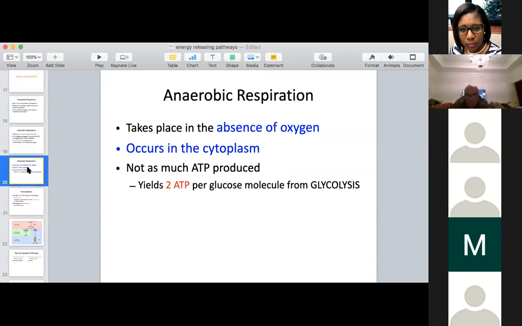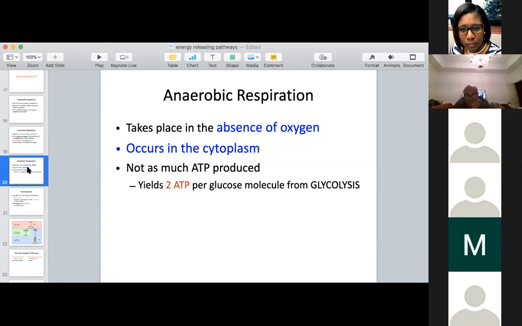Now, this process does not produce as much ATP, so it's not considered to be an efficient process for energy production. But when you consider the types of organisms that utilize this pathway, it starts to make more sense. Prokaryotic organisms, those bacteria, are very small, very simple, not complex, and they don't have large energy requirements. So they don't need those 32 molecules of ATP that are produced in the mitochondria in eukaryotic organisms.